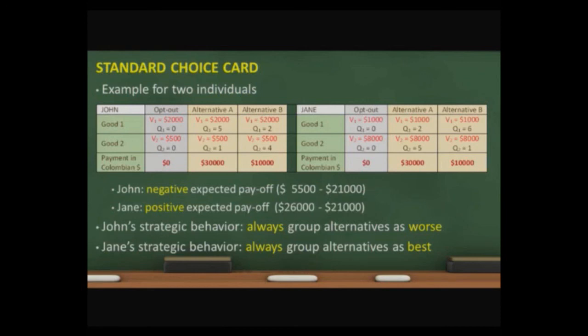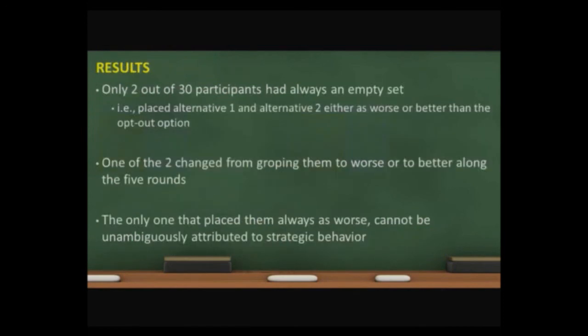Only 2. The rest mixed: one better, one worse, which is not rational in the sense we define here. Out of the 2, one of them changed. Sometimes was worse, sometimes was better. So this was not a strategic behavior.